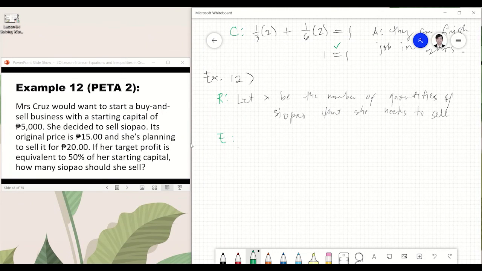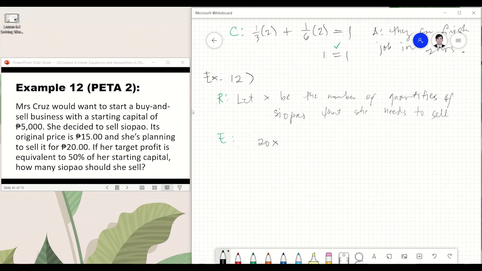So we'll have our equation now. So, dapat, okay, price ng ating siopaw, by the time that Mrs. Cruz will sell it is 20 pesos. Yung makukuha niyang pera, the total amount of money that she will get would be 20 times the number of quantity. Kung ilan yung siopaw na matitinda niya or need niyang itinda.